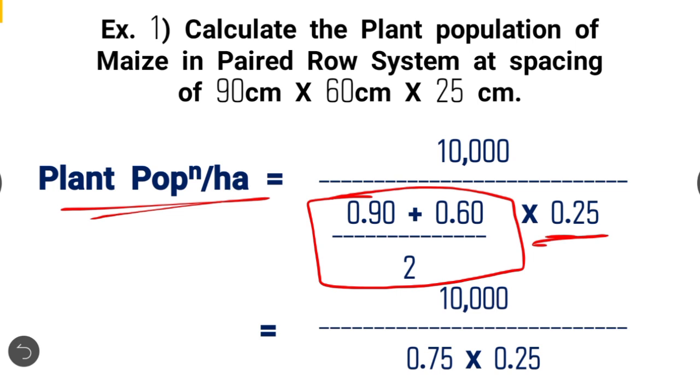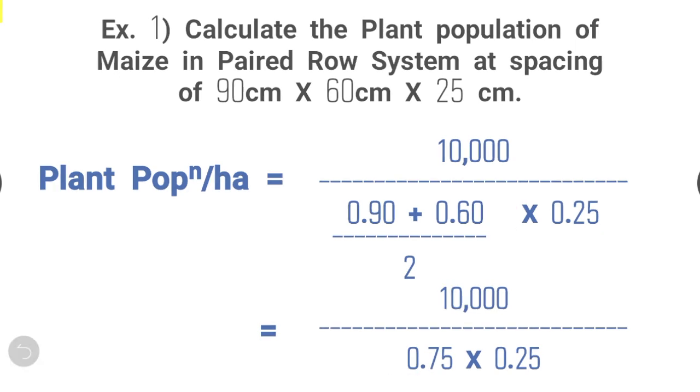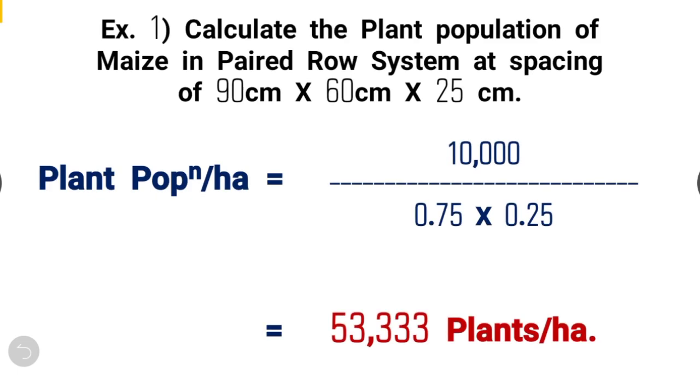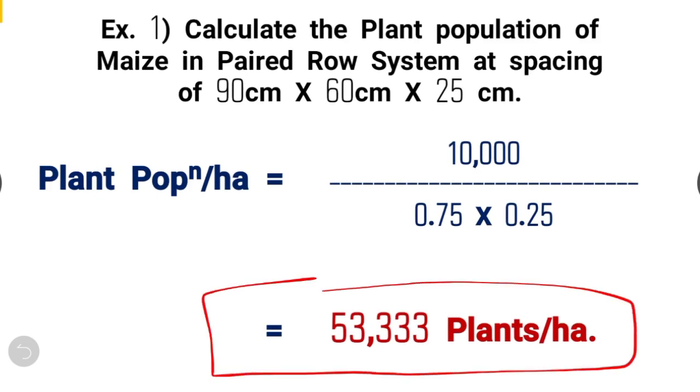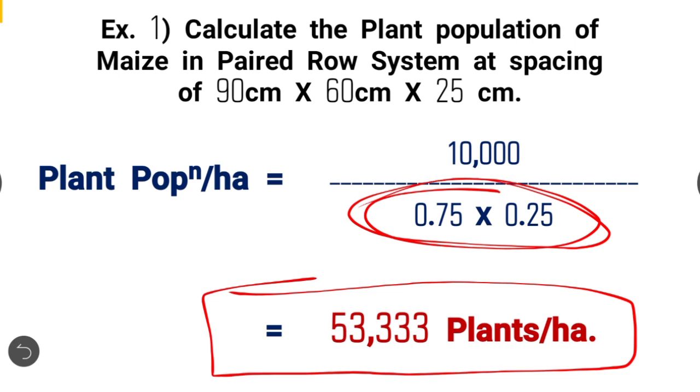Now see the next step. 10,000 divided by 0.75 into 0.25, and the answer will be 53,333. Thus, the plant population of maize per hectare is 53,333. You can see here also that the plant population of the normal spacing of 75 cm into 25 cm will be similar to this answer.